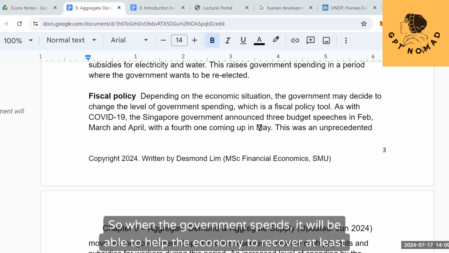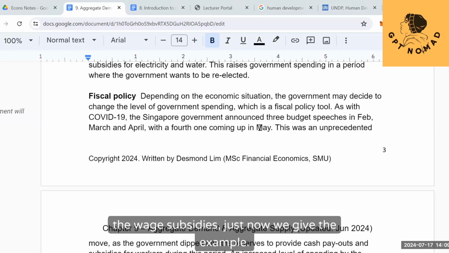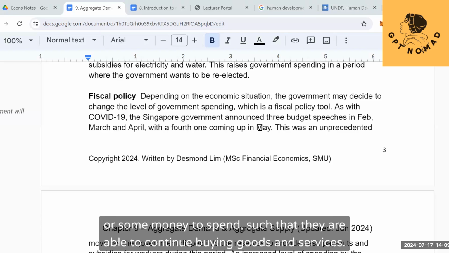So when the government spends, right, it will be able to help the economy to recover at least faster. So if they spend a lot, for example, on giving people cash payouts, or they spend on the wage subsidies, right? Just now we gave an example, then it could help the firms to continue operating. Or if the government gives people money, it can help the people to still have some income or some money to spend, such that they are able to continue buying goods and services.